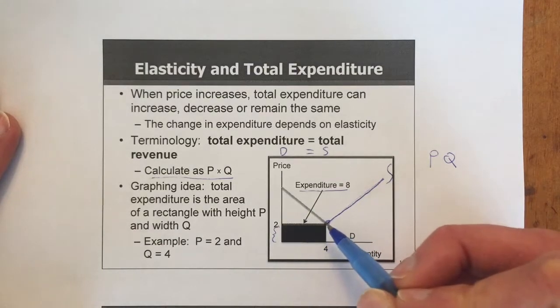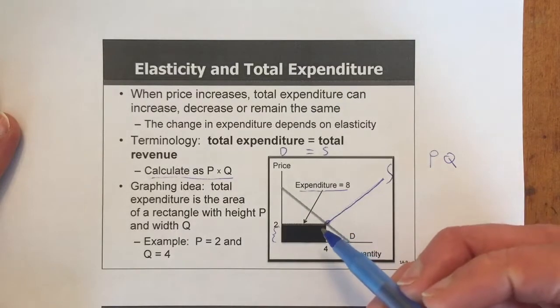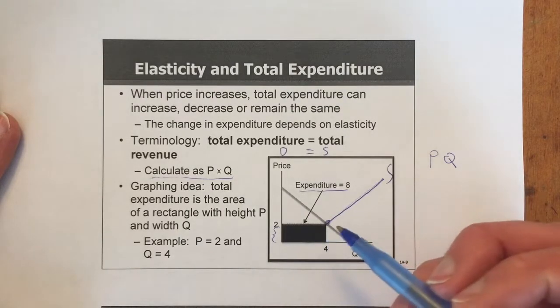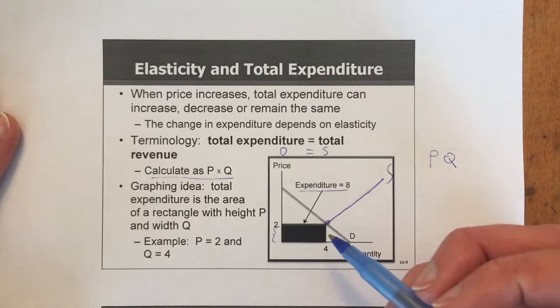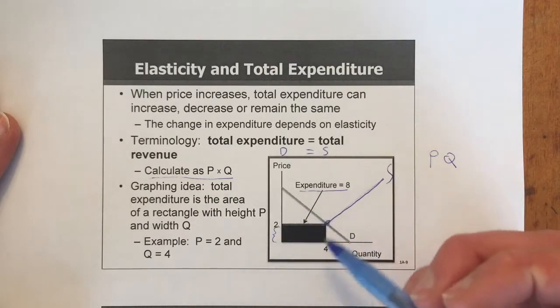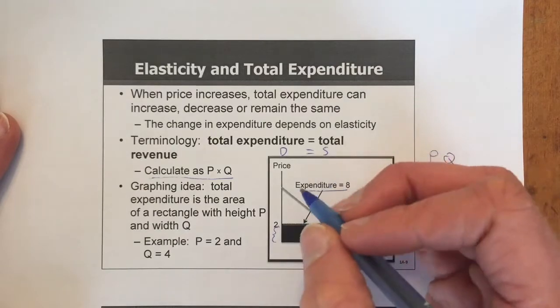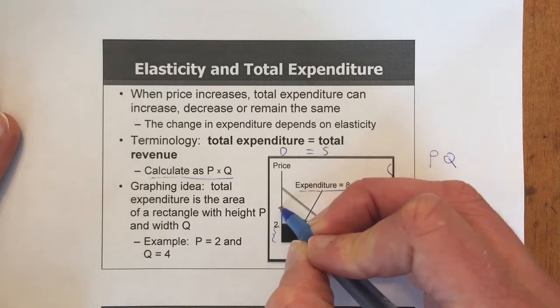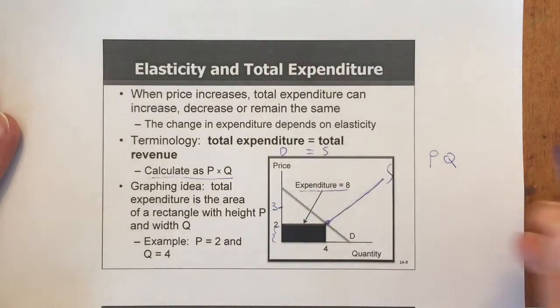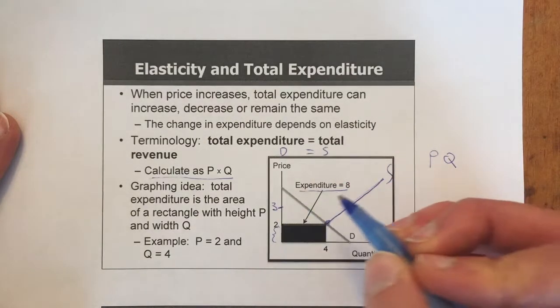So let's say we're at this point, and from here we're able to calculate not only total expenditure, but also what's going to happen to this total expenditure when price changes. If the price rises, let's say to 3, what is that going to do?